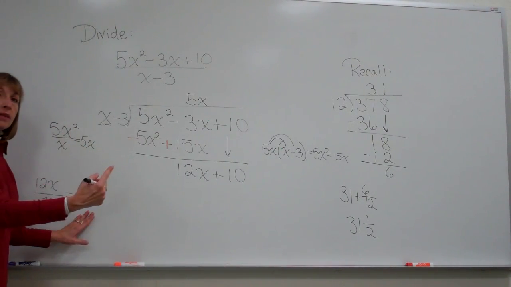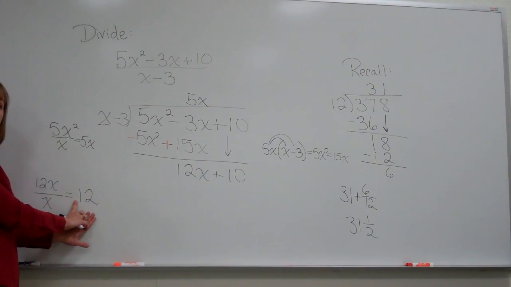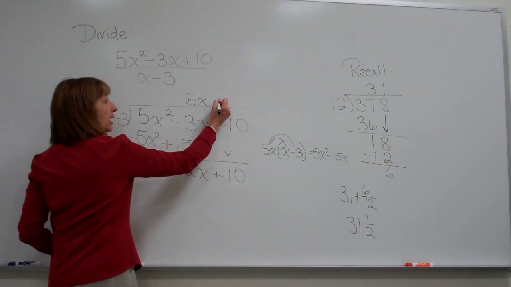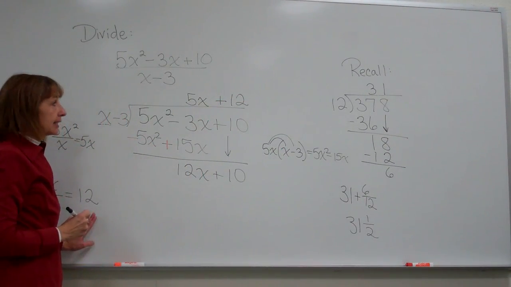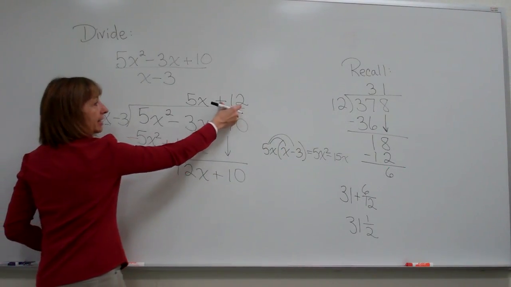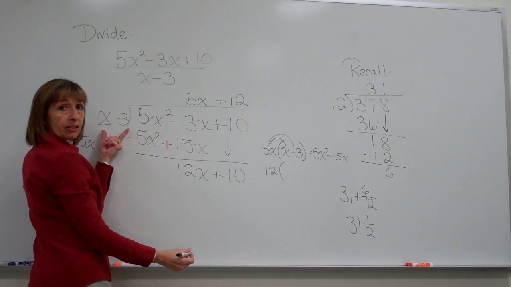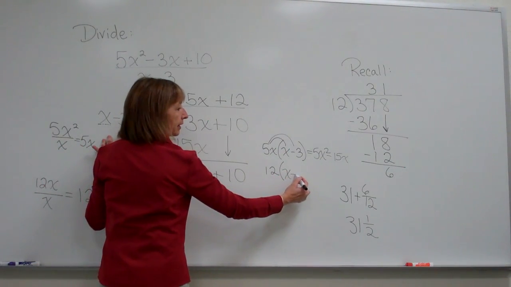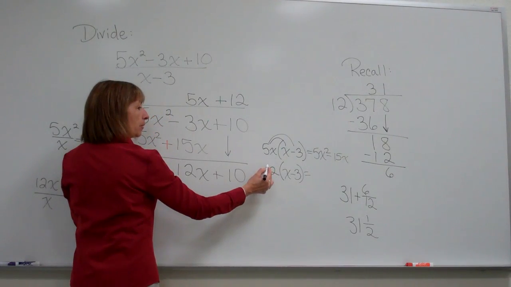And since I'm showing this is the next stage of the process, without a sign here, it's a plus 12. So I actually write plus 12 up in my quotient. And now I'm going to take that 12 and multiply it through my divisor, x minus 3, to see what I'm going to need in the next stage of the process.